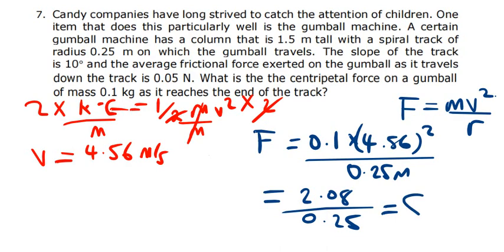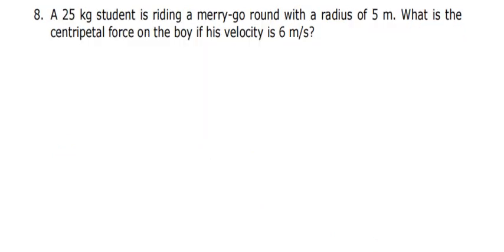I'm going to get my centripetal force as 8.32 Newton. Basically this is how you solve question number 7. A very long question indeed. Then let's solve question number 8.